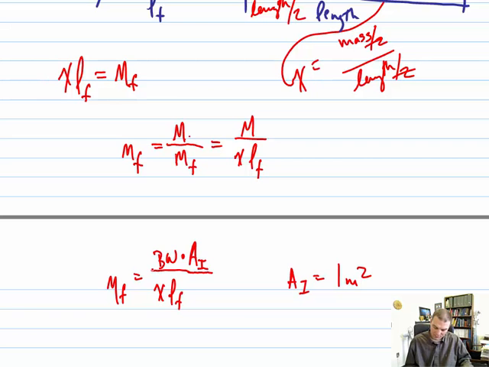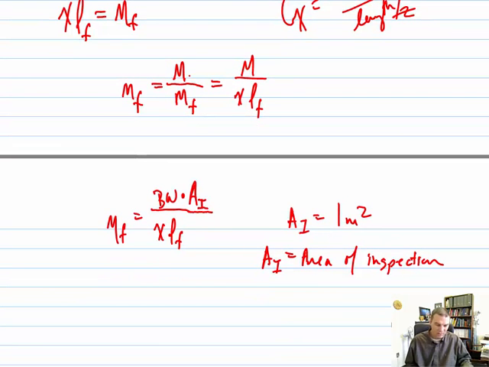So to determine the mass of fibers, all we have to do is multiply the basis weight times the area of inspection. A sub I is the area of inspection: how big of a paper sheet are you going to look at? We can arbitrarily choose that area of inspection as we desire.